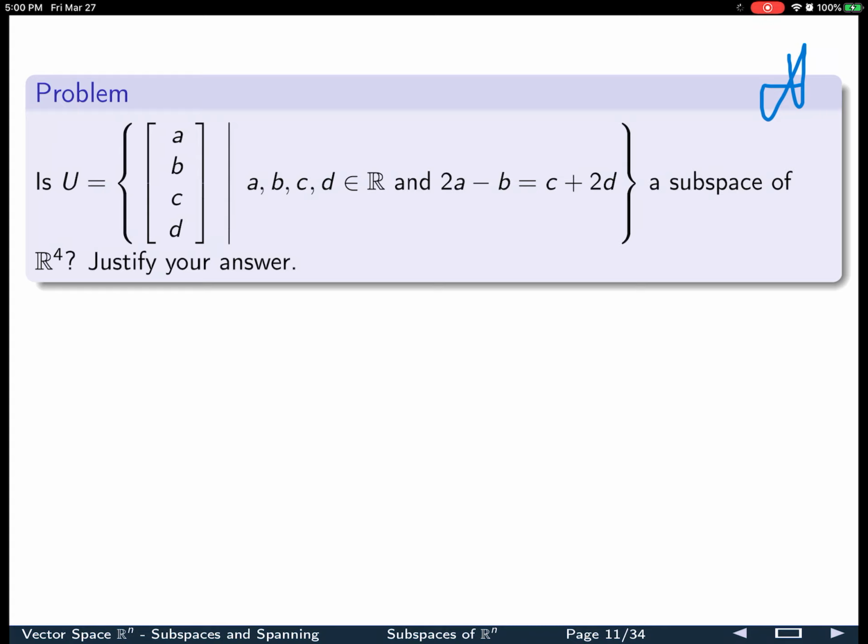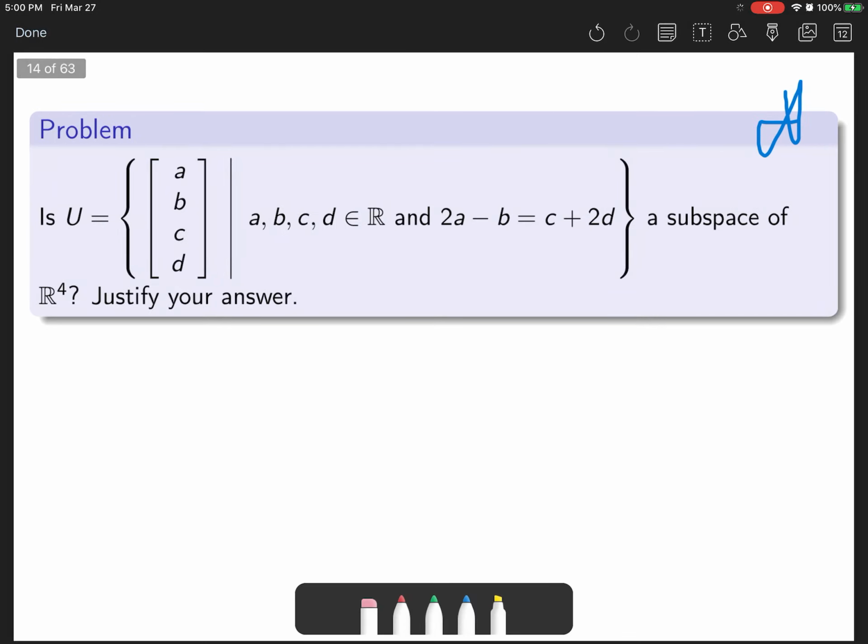Here's another problem, where we're actually getting into four-dimensional space now. We've got a space defined by a, b, c, d, where a, b, c, d are all real numbers, and they are held together by this equation. That equation has to be satisfied.